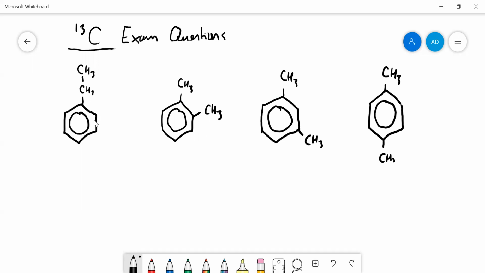Obviously, if you put it on this carbon here, it would be the same as having it on carbon atom number 3, so that's not a possibility. Right, so the question would say, how many peaks in each of those compounds' 13C spectrum?